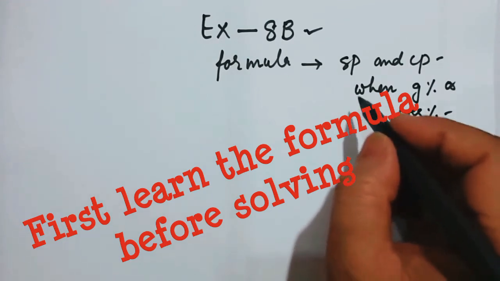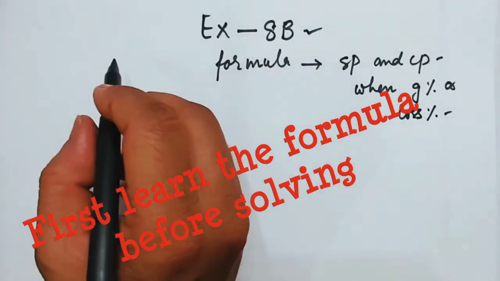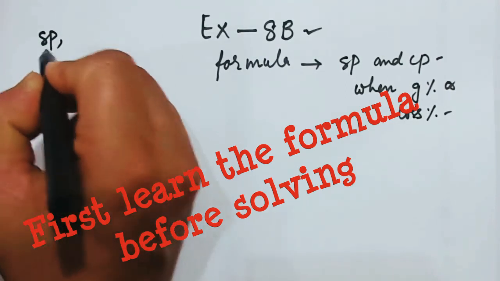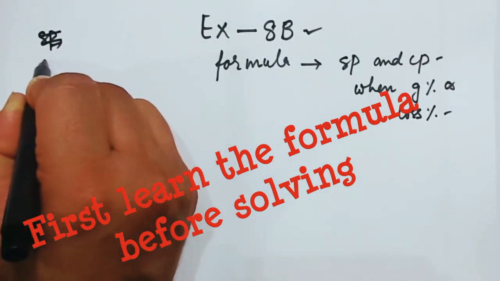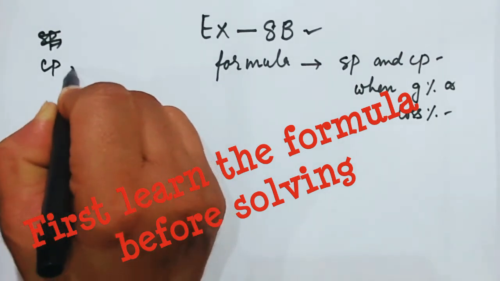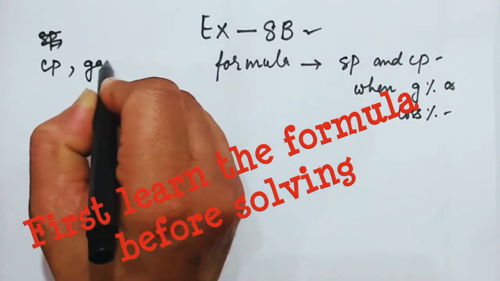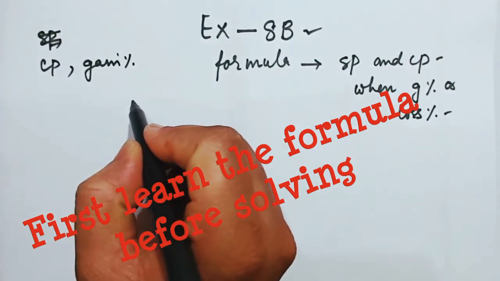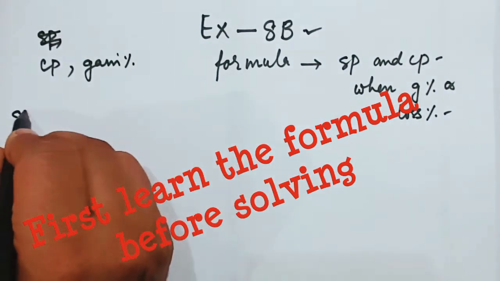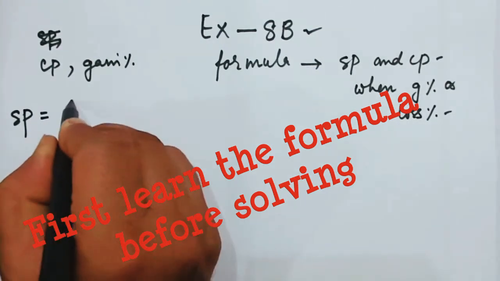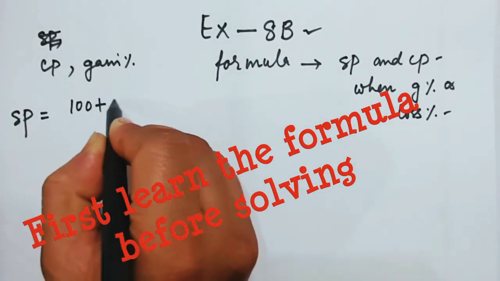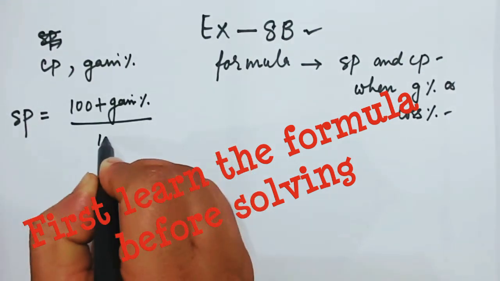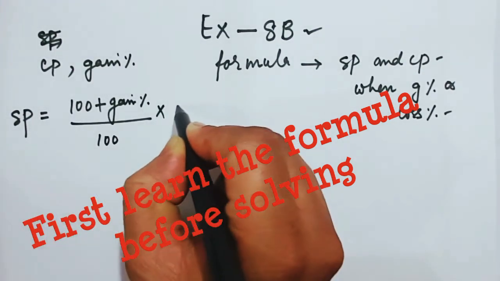For example, imagine your cost price is given and gain percent is given, and you are asked to find out the selling price. So the selling price will be equal to (100 plus gain percent) by 100 into cost price.